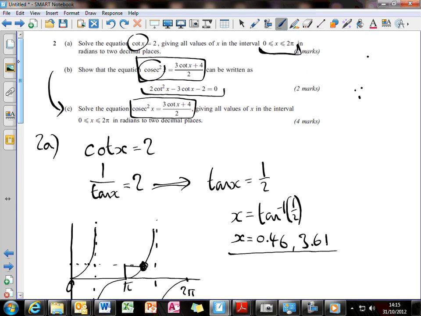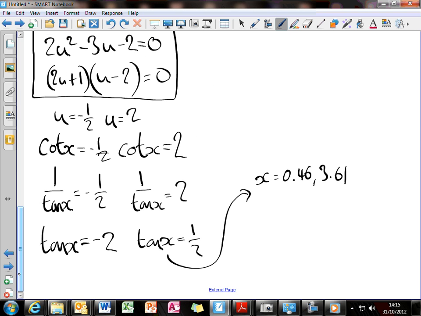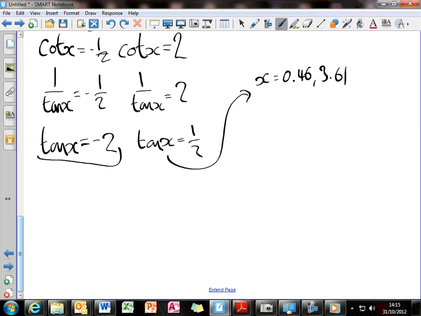Notice the question is nice because it sort of talks you through it. You've already done bits of it. You've already put it in this form so that you can solve this equation. And when you come to solve this equation, you've already got some solutions. So we just need the extra solutions that come from tan x equals minus 2. Well, that's not a problem because we've essentially done a similar problem. So x equals tan to the minus 1 of minus 2.